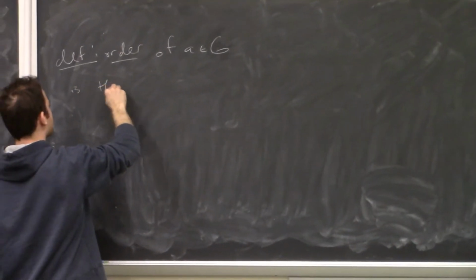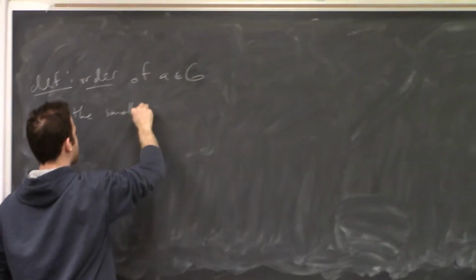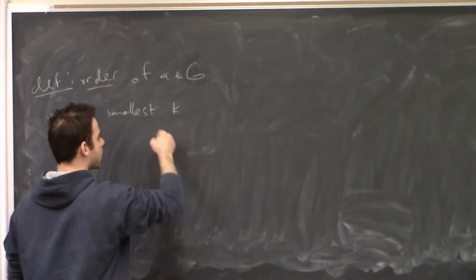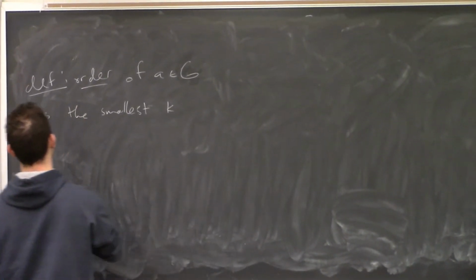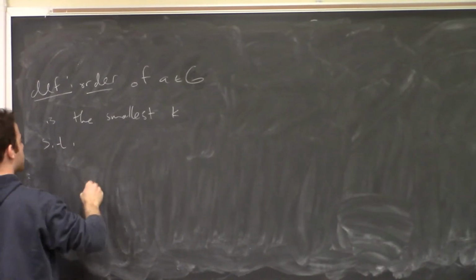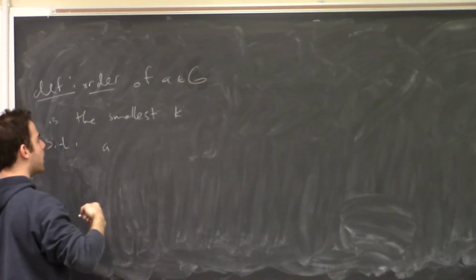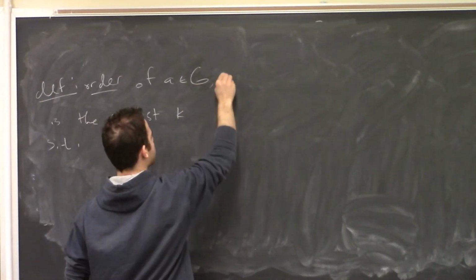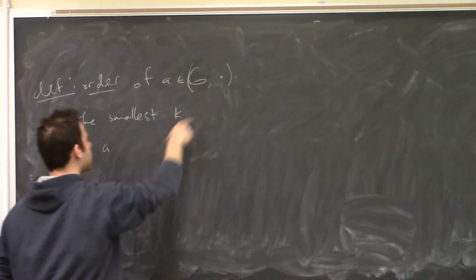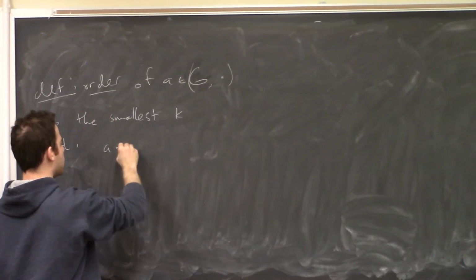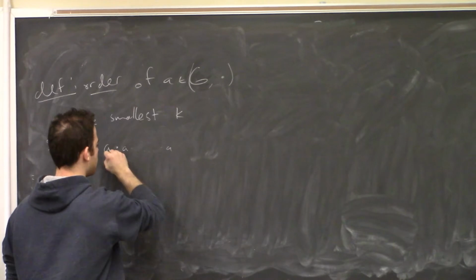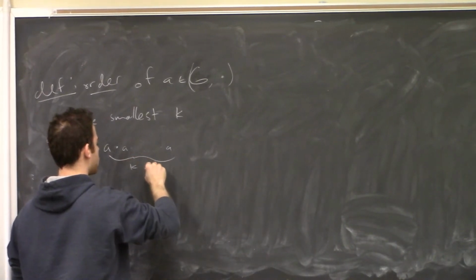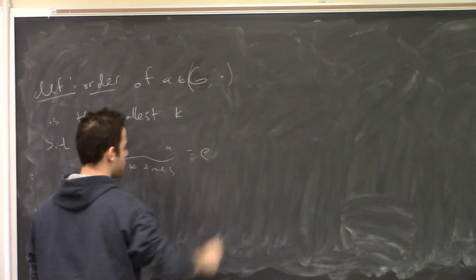It's the smallest k, where k is just some positive integer, such that, if we denote the operation in G just with this dot, if I do A times A times A, say k times, I want this to be the identity.